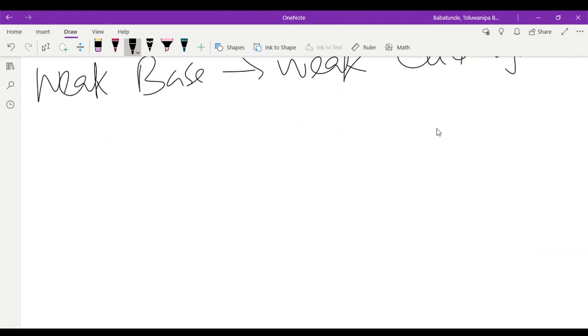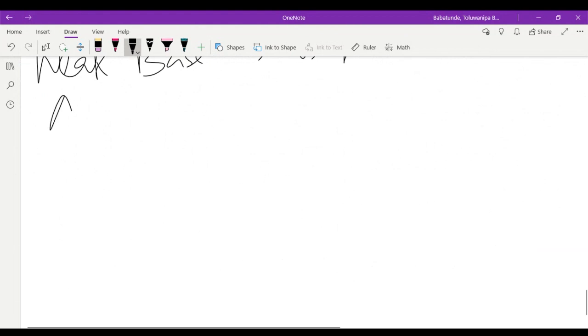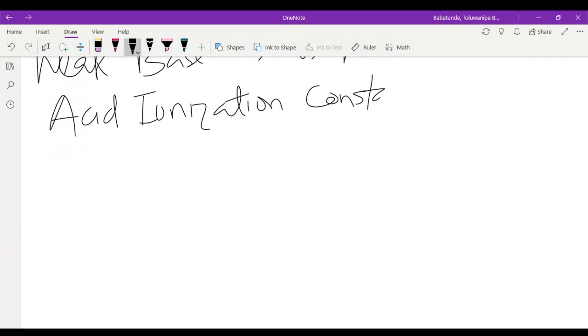So let's look at the acid ionization constant, Ka. An acid's strength is measured by the size of the equilibrium constant when it reacts with water. Sure, we are all familiar with the equilibrium constant expression.